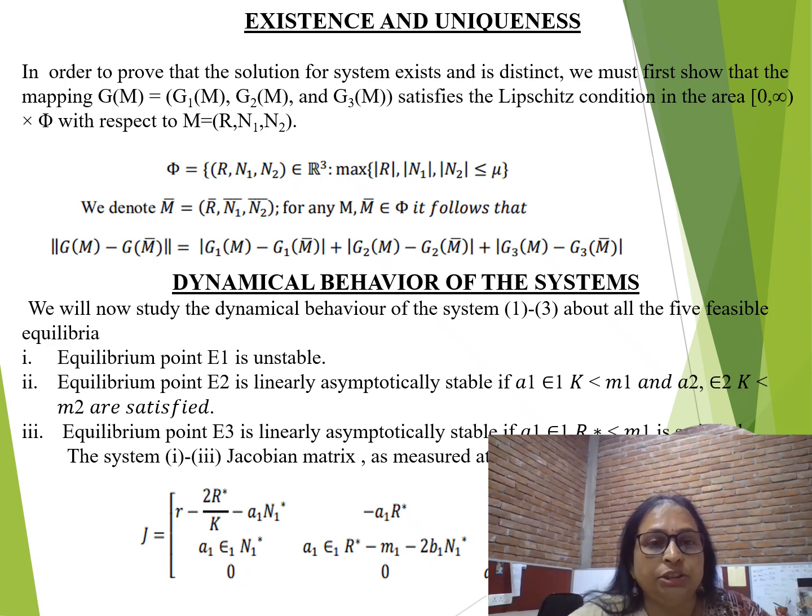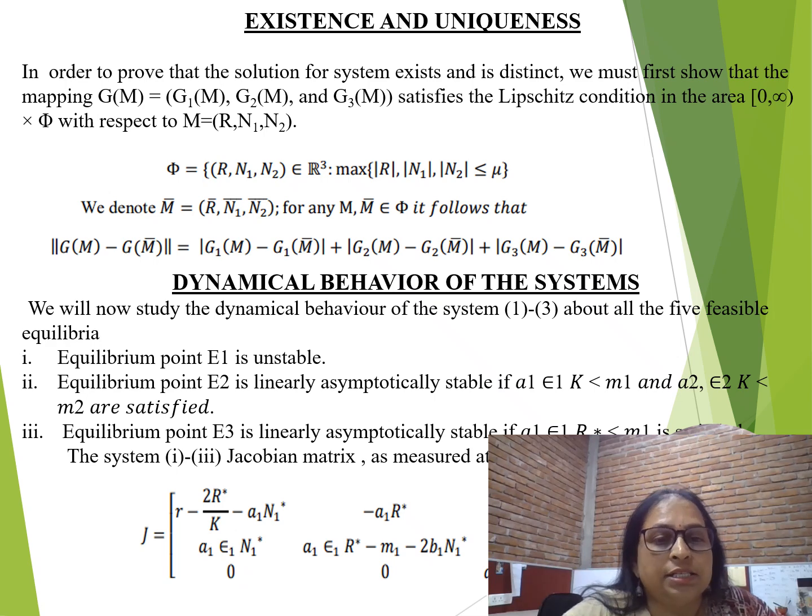This is the condition for existence. We denote M bar equals R bar, N1 bar, N2 bar. Any M, M bar belongs to phi. It follows that the modulus of G of M minus G of M bar equals this condition.